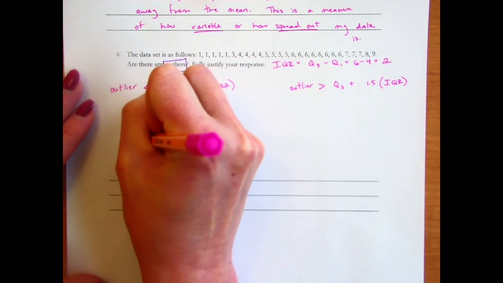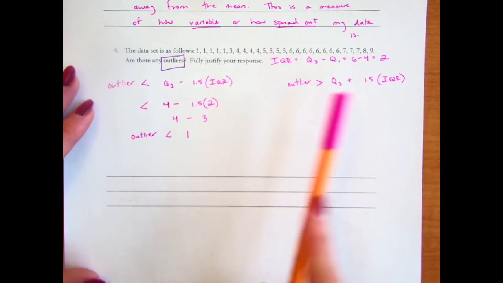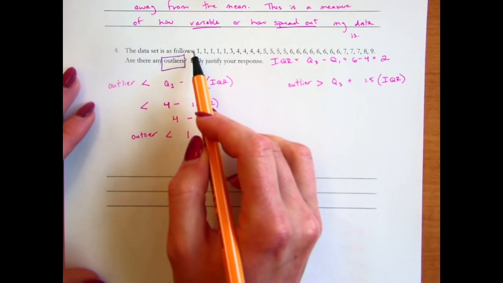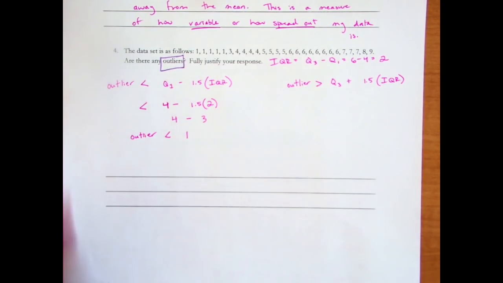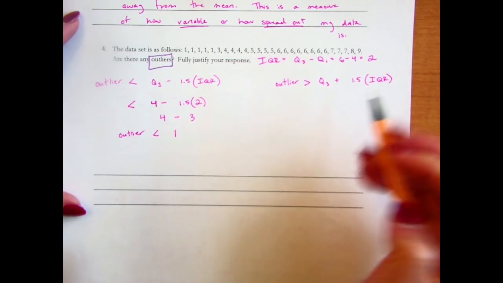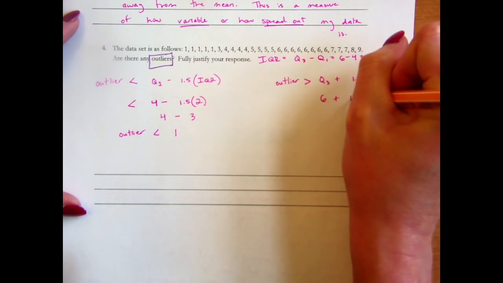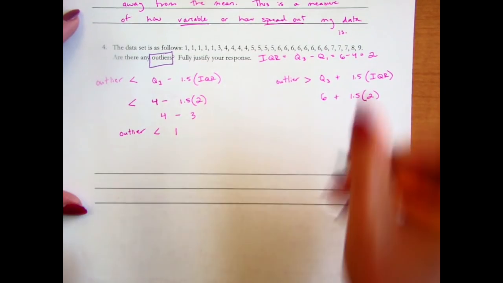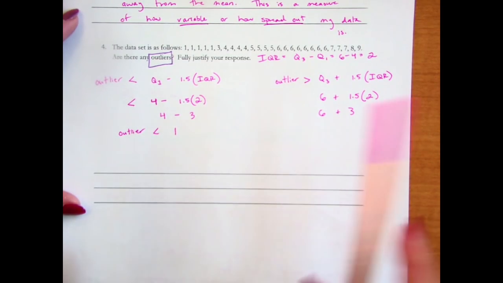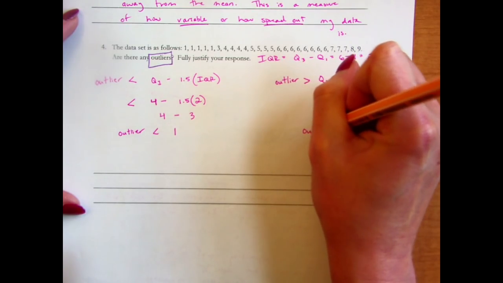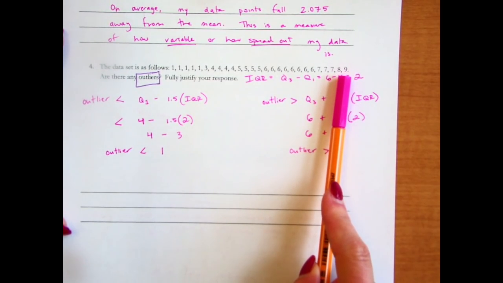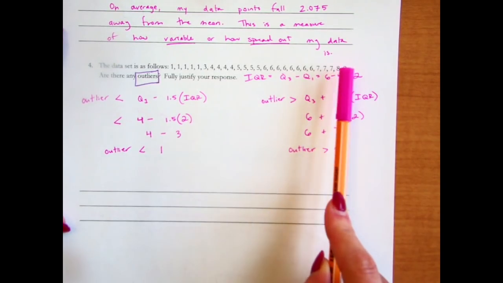So let's justify our response. There are no outliers. No values are less than Q1 minus 1.5 times the IQR, or greater than Q3 plus 1.5 times the IQR.